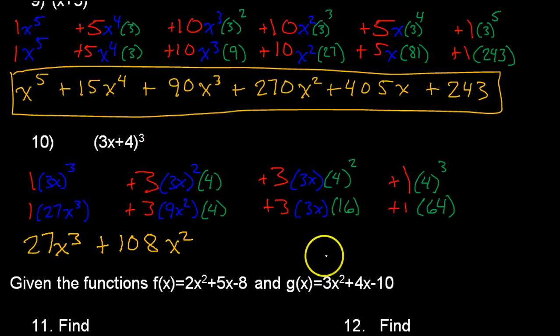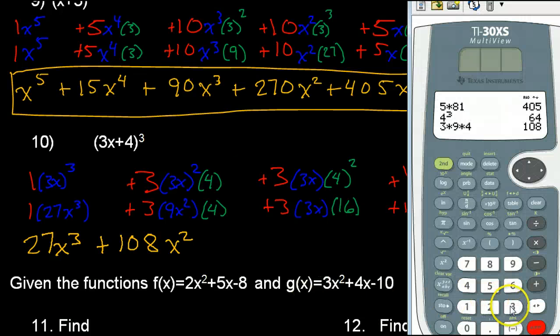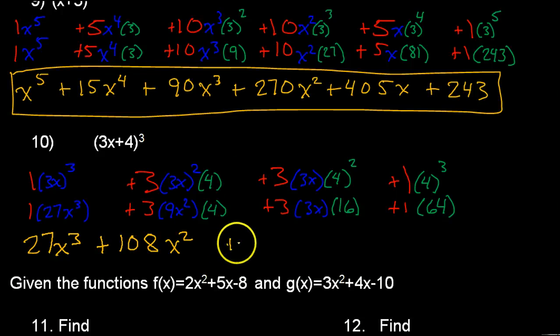Here we have 3 times 3 times 16. Okay, that's 144. So we'll have plus 144, and this one is just the x term. And then last we just have our 64, so plus 64.